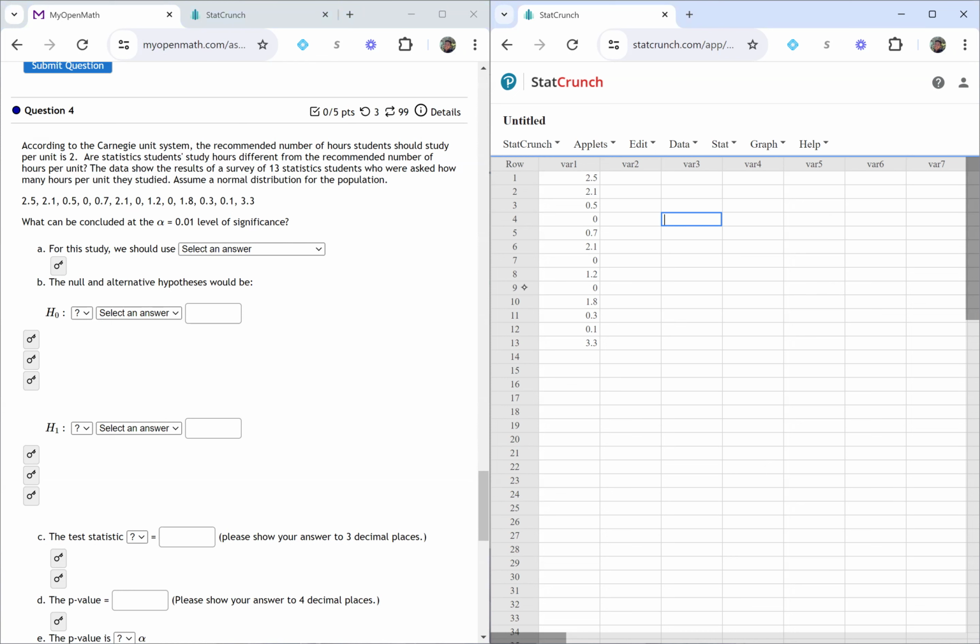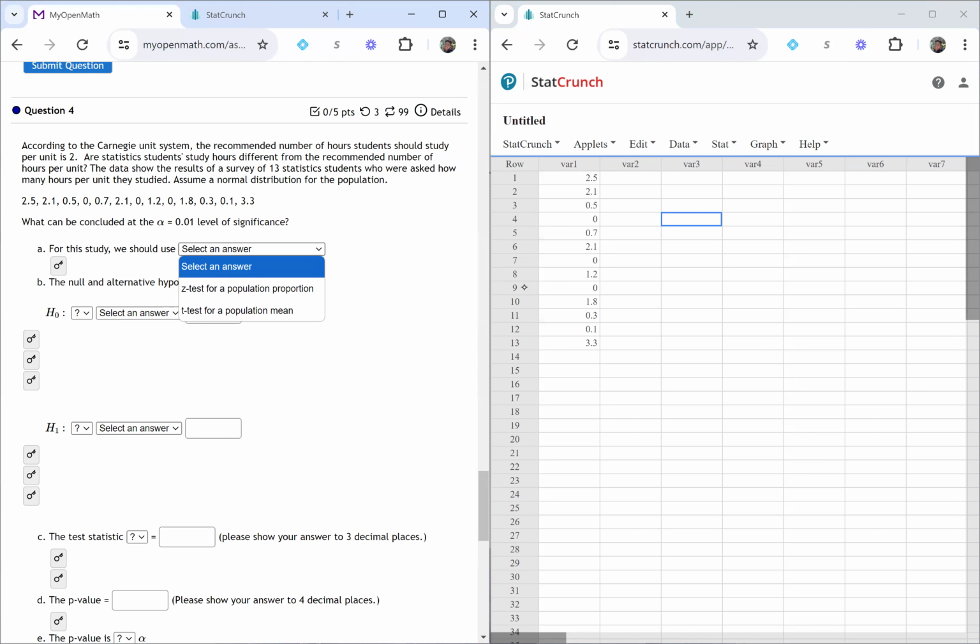I know there's a lot of words at this point in the semester, but as long as we keep track of what those words mean, it's not too tricky, okay? So for this study, we want to know what kind of test we should use. Our options are a z-test or a t-test.